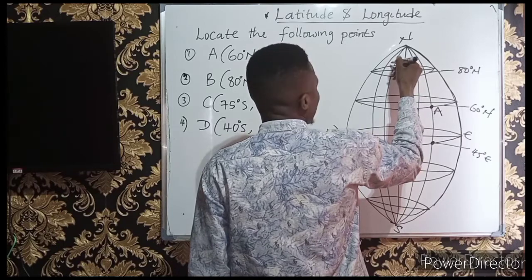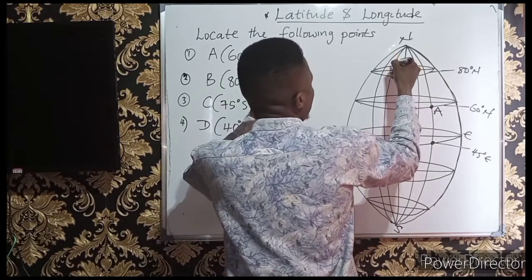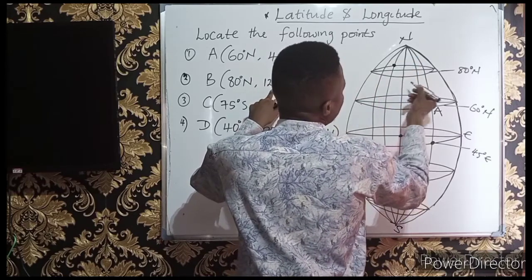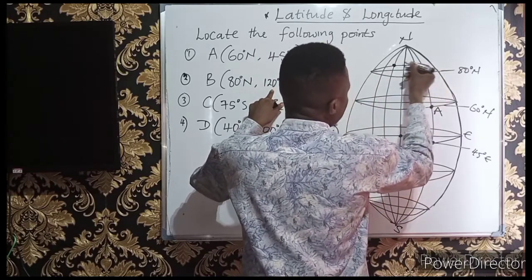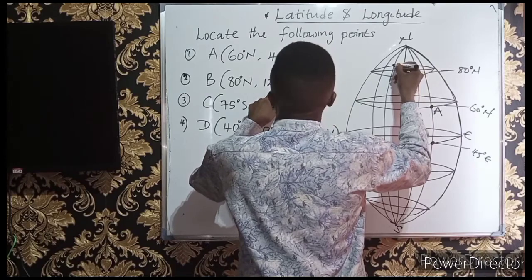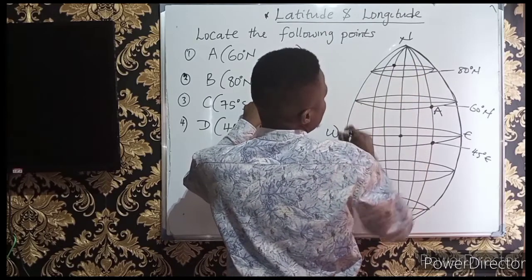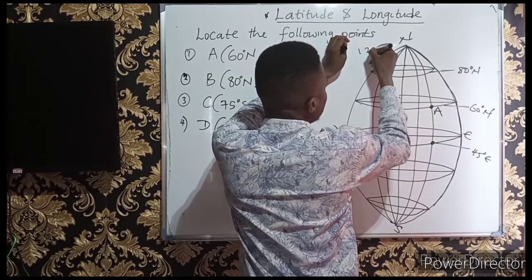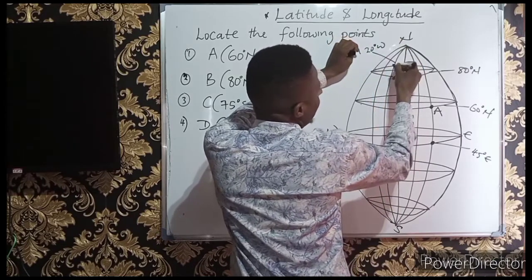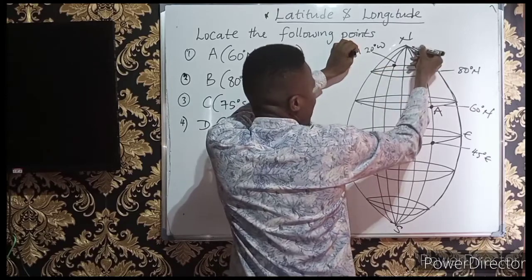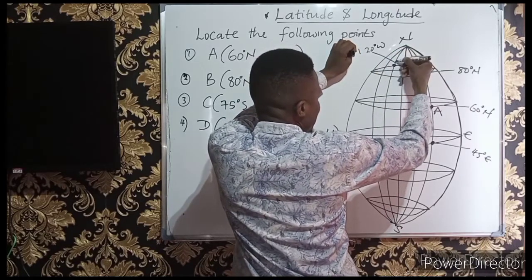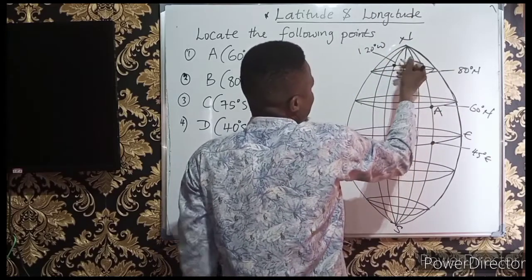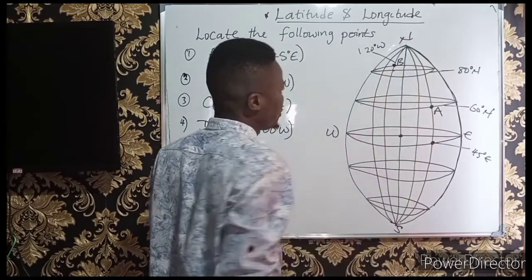So let me assume that the 120 is somewhere here in the west. So 80 is this line here, while this is our 120 degrees west, and the point of intersection. If here is the 120 degrees west, they have intersected here, the 80 and the 120, which is this point, and in the other side, they intersected here. So this is now point B.